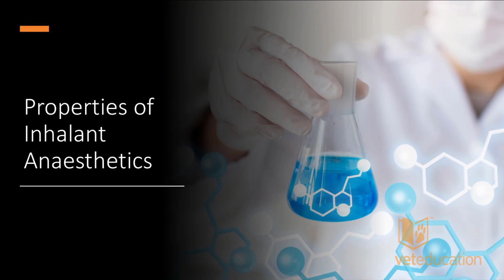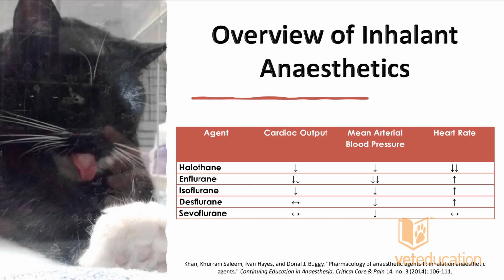And then to finish off, we're going to devise a couple of anesthetic protocols, or I want to take you through what I do when I'm considering anesthetizing a patient with head trauma, for example, or a patient with respiratory disease. And then you and I together are going to develop a protocol or a series of drugs that we might be able to administer a patient with gastric dilatation volvulus syndrome, just as a bit of an exercise to finish things off. So let's have a look at some properties of inhalant anesthetics.